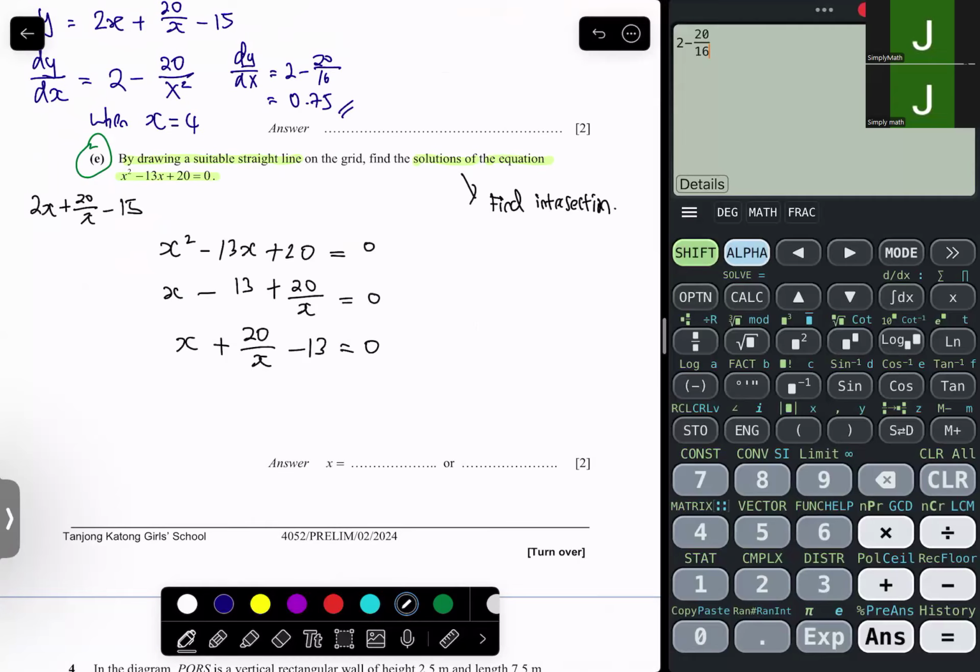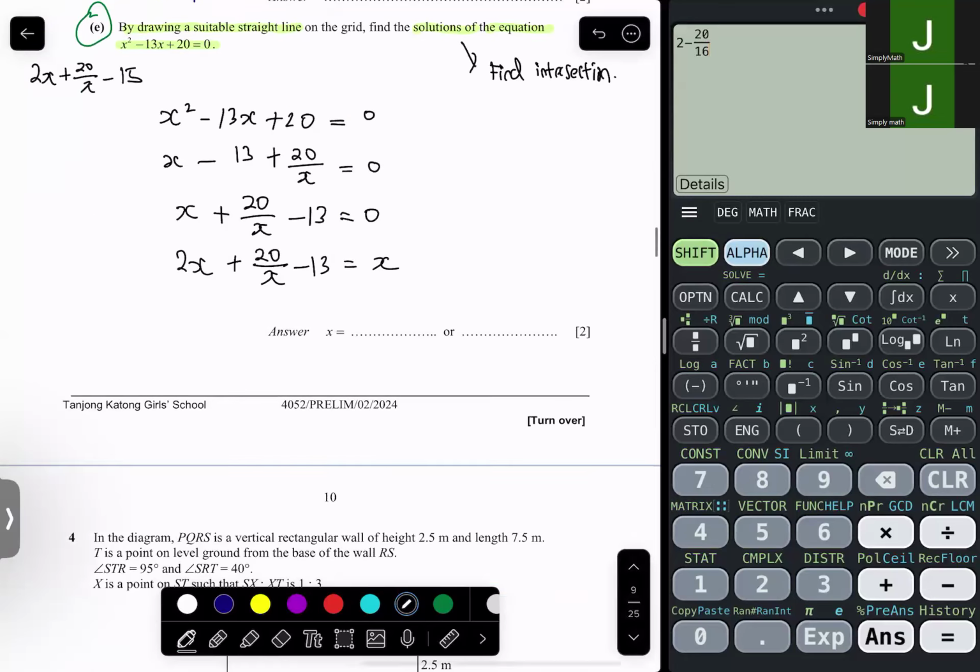It cannot be times; in this case, it must be plus x. So 2x plus 20 over x minus 13 will equal x, because I add x to both sides. Now I need negative 15, so that is minus a further 2. So 2x plus 20 over x minus 15 equals x minus 2.